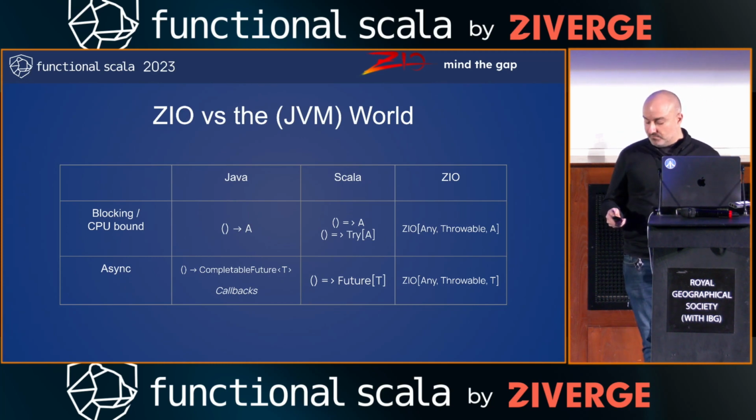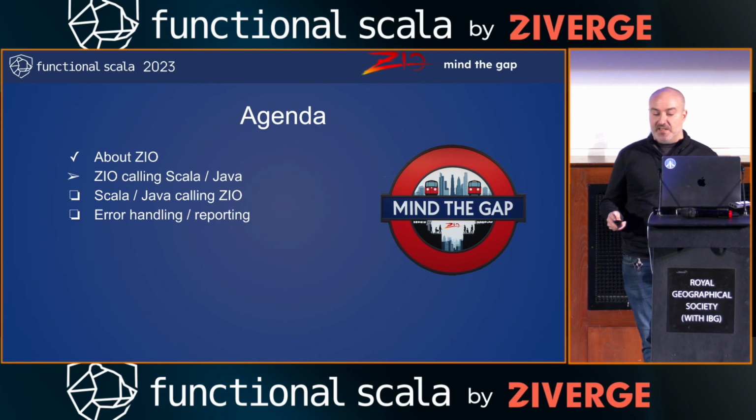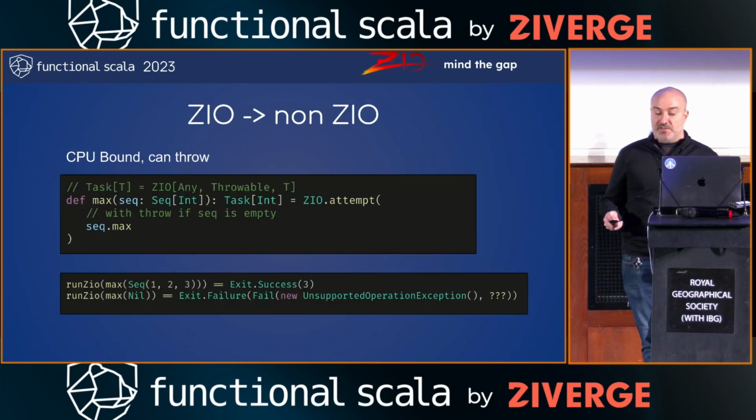Okay, so let's see how we call non-ZIO code from ZIO.